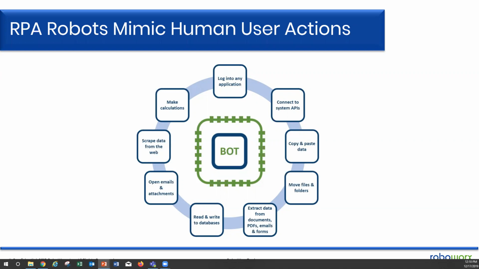It can connect to system APIs, copy and paste information. It can move folders around. It can work with OCR, optical character recognition software, and read PDFs and copy information from there. Opens emails and attachments. It can scrape data from the web. And then in addition to opening and closing and copying and pasting, the robots can also make calculations.